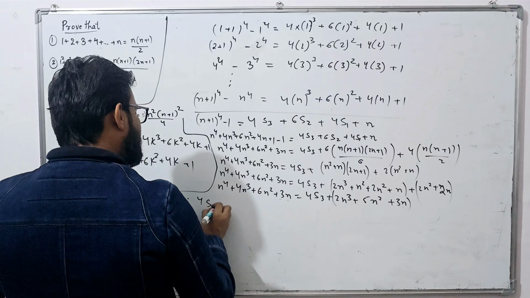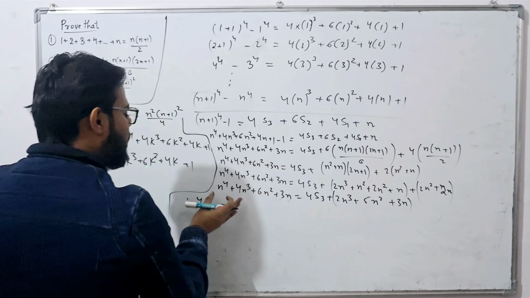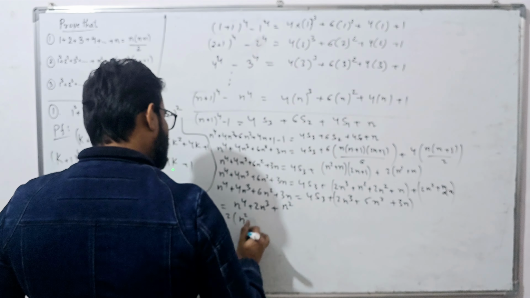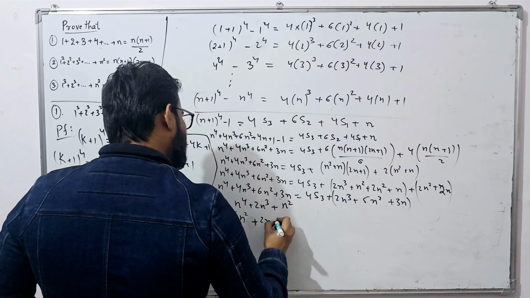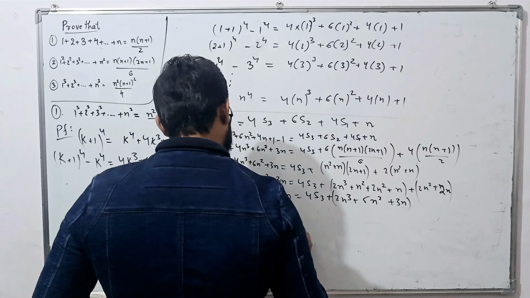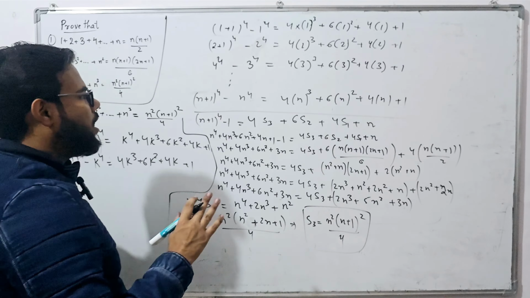So you get 4s3 is equal to, bring all that to the LHS, right? So you get n to the power 4 plus 2n cube plus n square, right? If you solve it, you get s3 is equal to, take n square common, n square times (n square plus 2n plus 1), divided by 4, and it is equal to, right, hence proved.